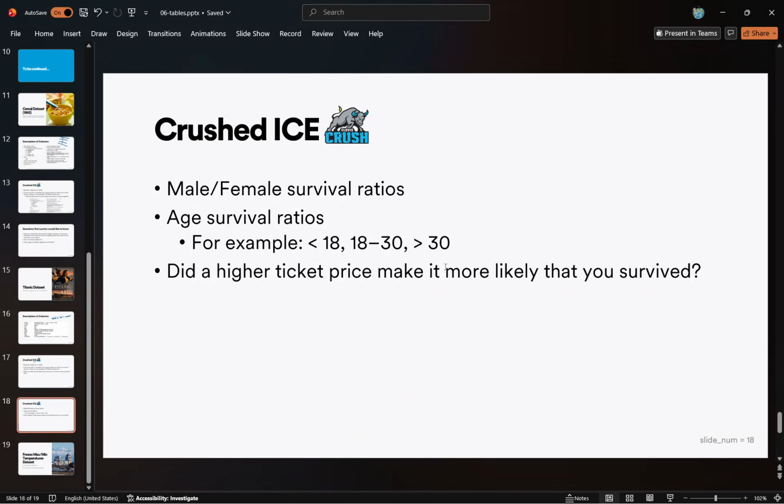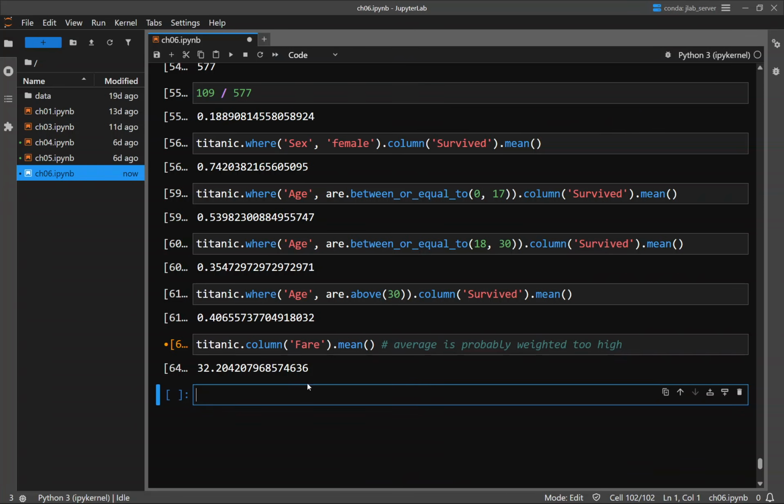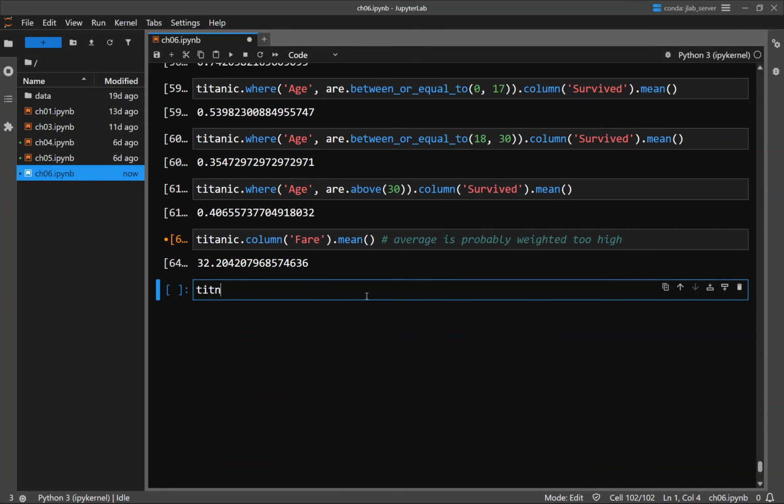But let's look at the ticket prices for the different passenger classes as well, just to prove that to ourselves, just as a side thought. So where Pclass values are equal to 3, or you can just put 3. This is all the third class passengers, get their fare, get the average.